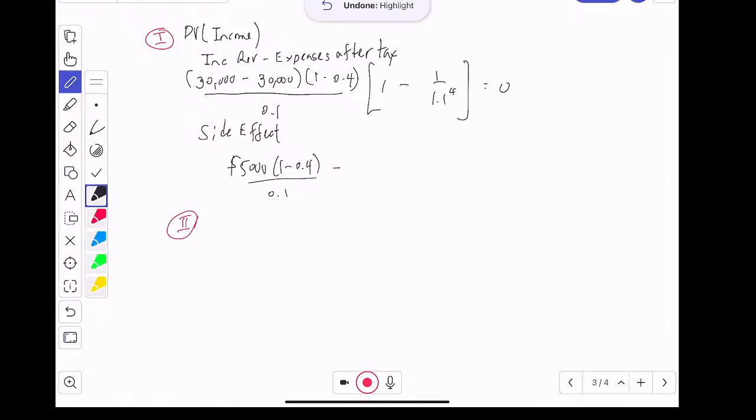Well, that's quite the assumption, right? We're assuming forever. We're assuming that we'll always use this required rate of return and that the tax rate will be the same. But we'll just do that for an estimate. And that's 30,000.